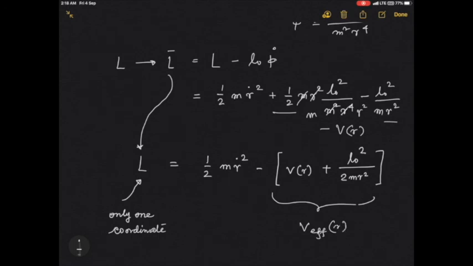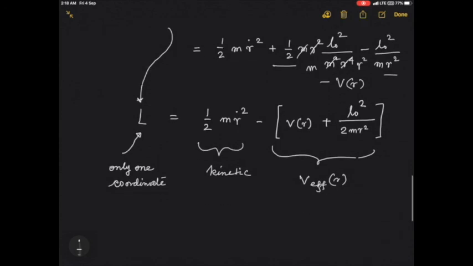Because it's a function of r and this is the kinetic term, I can think of now an equivalent one-dimensional problem where I have only one kinetic term, half m r dot square, which looks like half m x dot square, like Cartesian, and then I have a particular potential. So it's a one-dimensional problem. You will always agree that one-dimensional problems are the easier problems to solve.